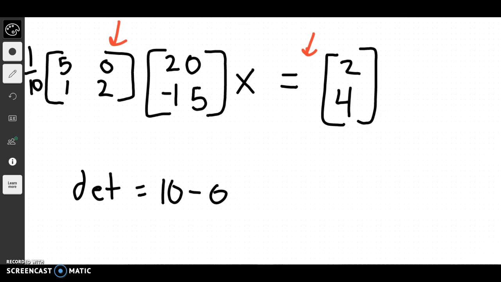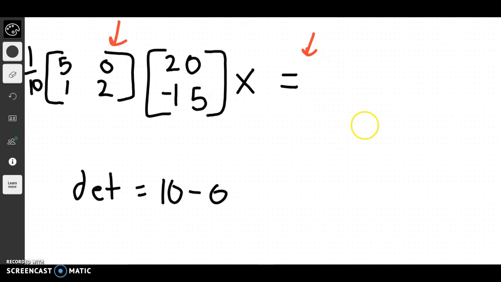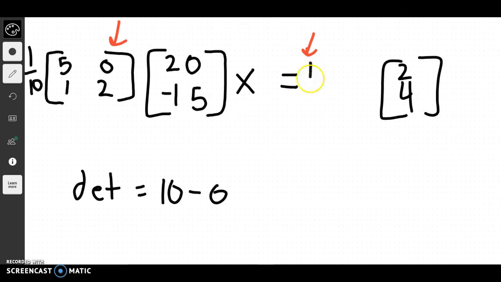And now we'd need to multiply this on the other side. I did not give myself enough space, so I'm going to erase that 2, 4 and give myself some more space. So then we will put the matrix in here, so 1/10, and then 2, 0, negative 1, 5.